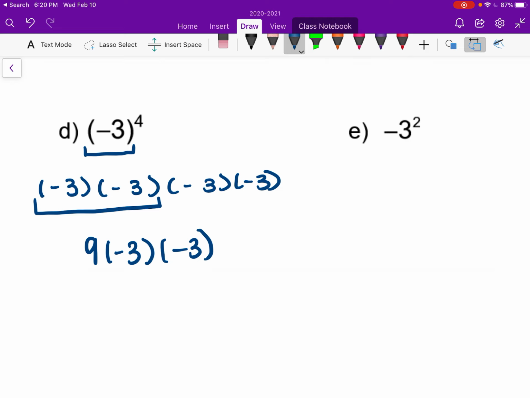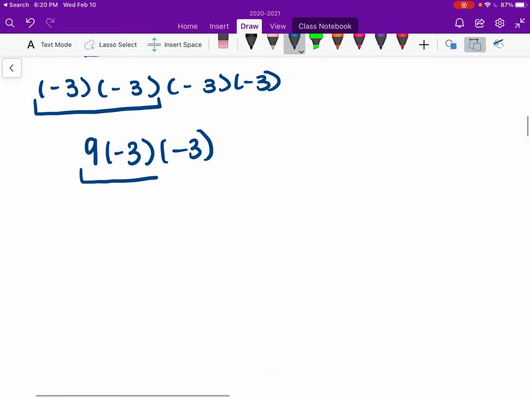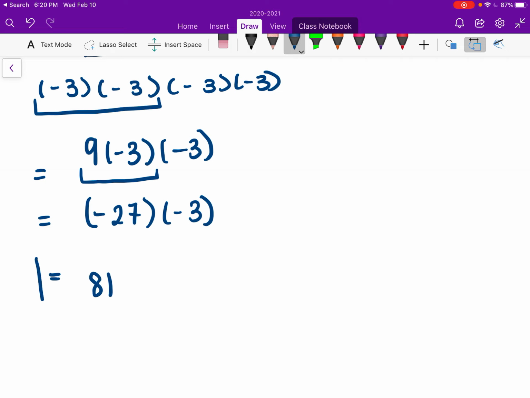I'm going to go ahead and do my first one again. Positive 9 times negative 3 is going to give me negative 27 times negative 3. And then negative 27 times negative 3 is going to give me positive 81. And that's going to be my answer.